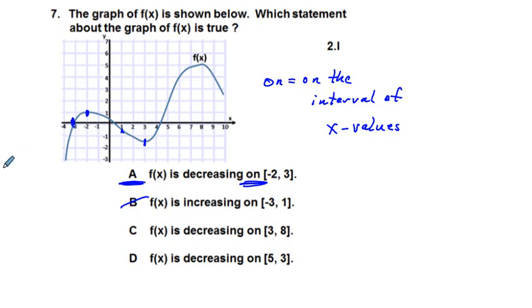Well, that's immediately increasing. That's wrong. D, f of x is decreasing on 5 to 3. Well, here's 5. That doesn't make any sense at all. A is your correct answer. But always be wary when A is your right answer, because sometimes that's going to be a test writer's trick to get you to go for the first thing. Be always wary of choice A.